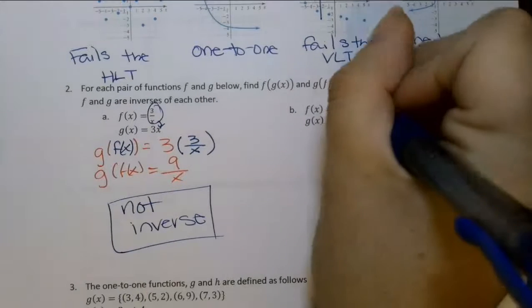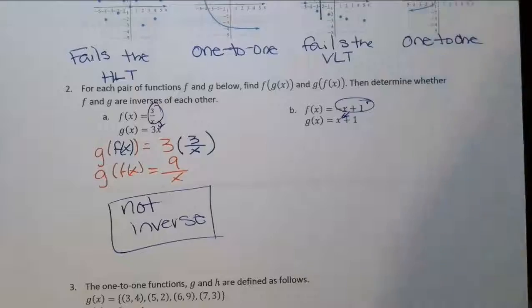Okay, then I'm going to do the same thing for b, so I'm going to take this and plug in for the x for g of x.